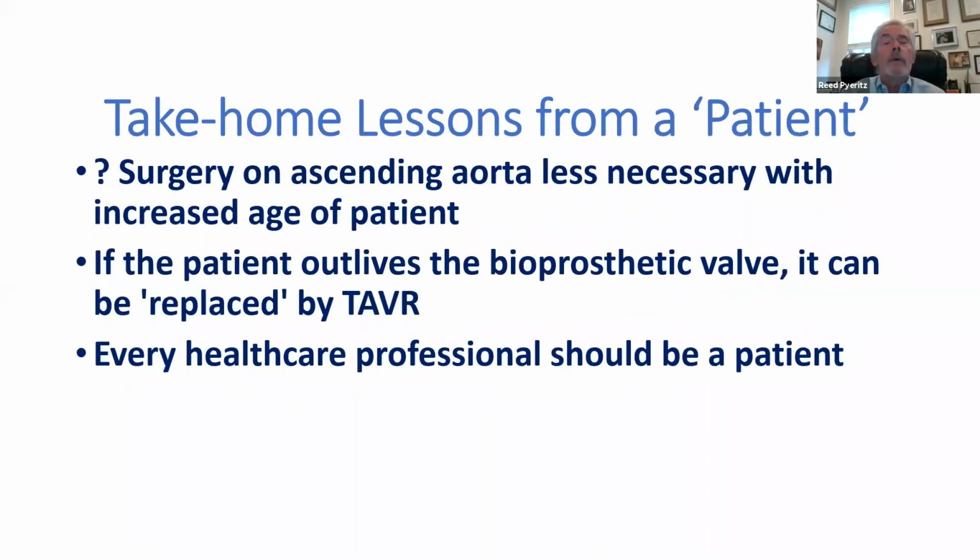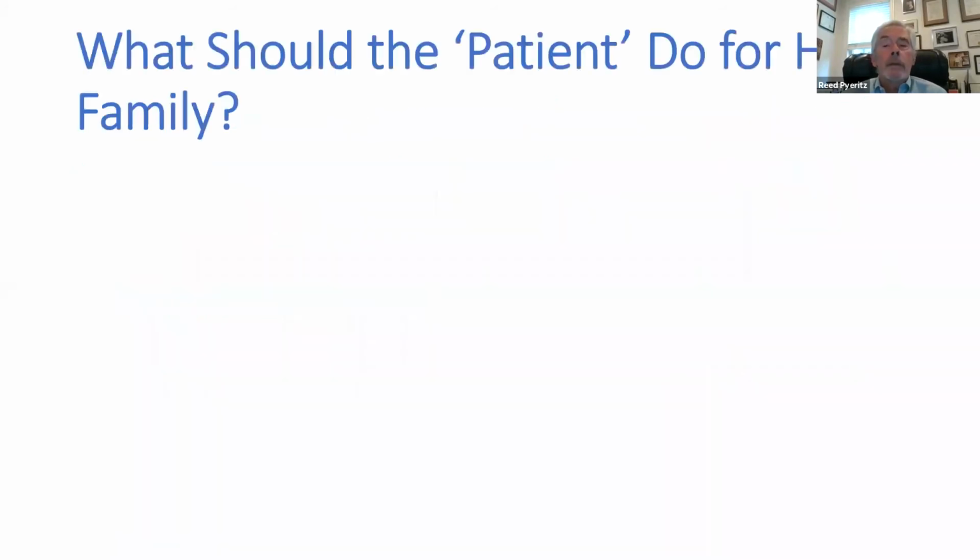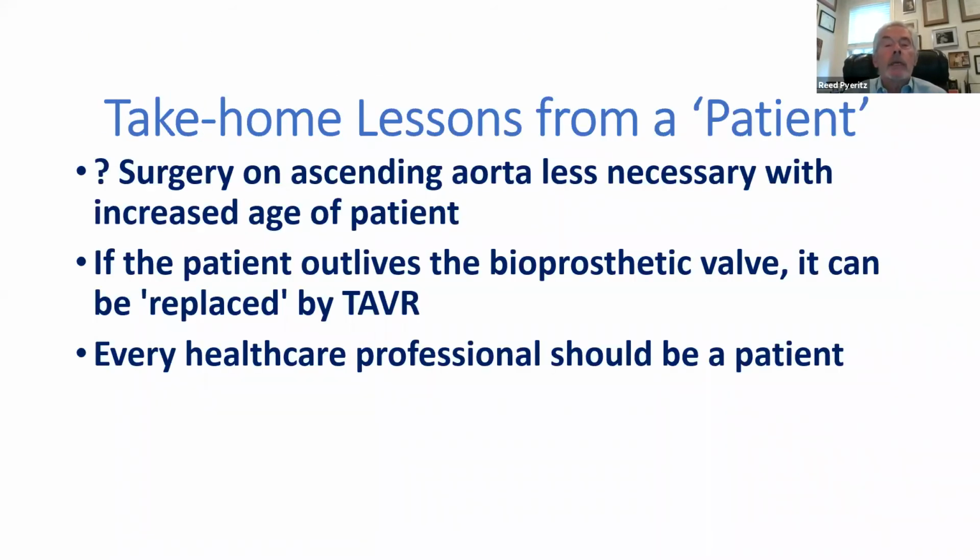So the question is when to repair the enlargement of the ascending aorta. So when you're my age, then the choice generally is to wait and see if there's further progression. If you're younger, first of all, you may need a mechanical valve, something that would last your lifetime.